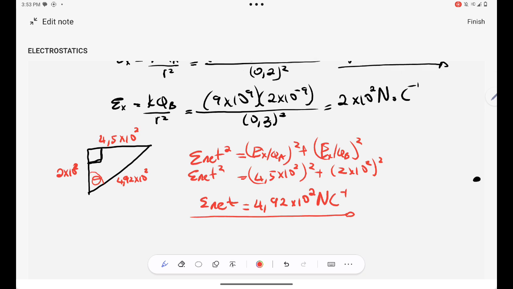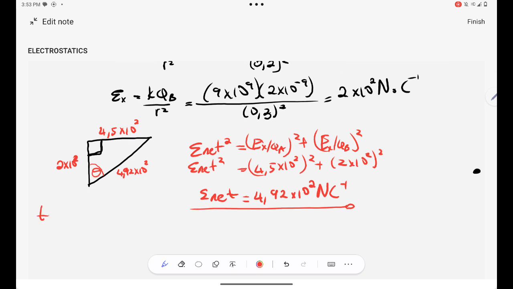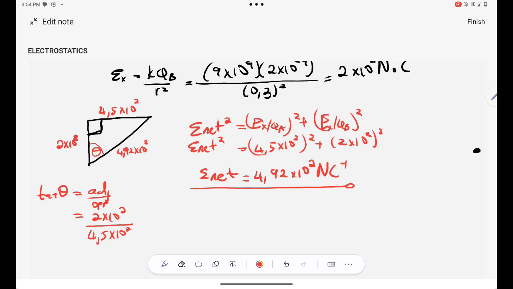If you want to use tan of theta, it will simply be opposite over adjacent. The opposite side is 2 times 10 to the power 2, and the adjacent side is 4.5 times 10 to the power 2.